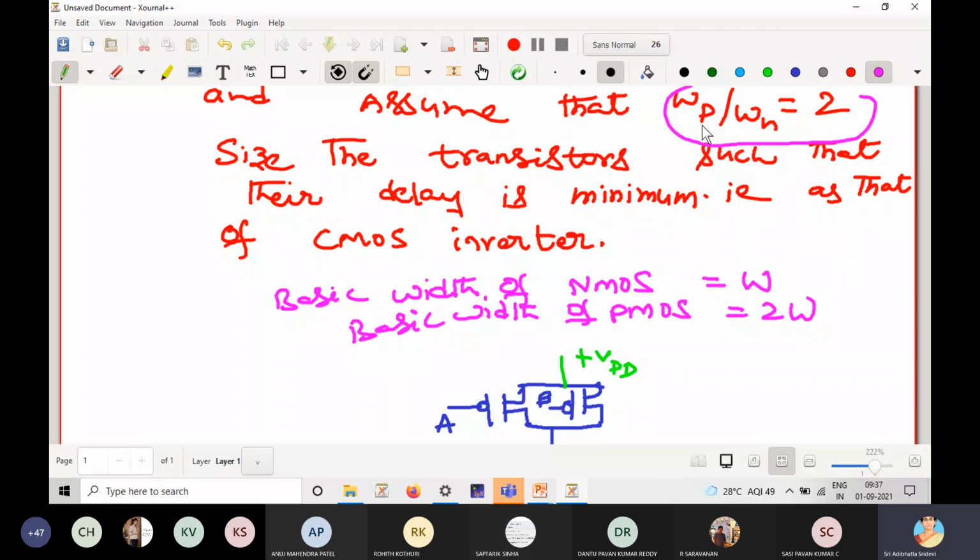That's why if the basic width of NMOS equal to 200 nano, basic width of PMOS to make a symmetric inverter is 1000 nano. But here what they give, WP by WN equal to 2. That means if W is the width of NMOS, then 2W is the width of PMOS to make a symmetric inverter. Got it?